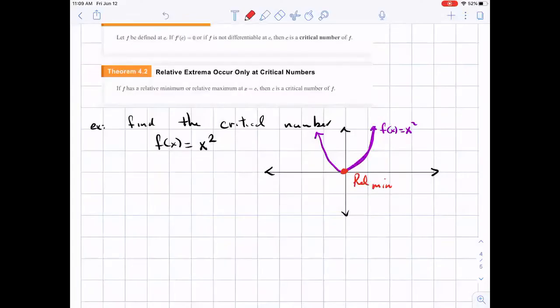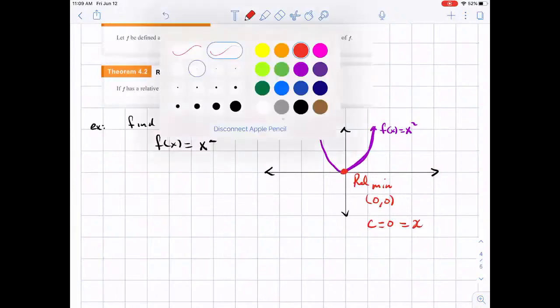So we know that that point is a relative min, and that point is (0, 0). So c, the x value, is equal to 0. Now let's see algebraically if we can figure that out. First we want to find f prime.